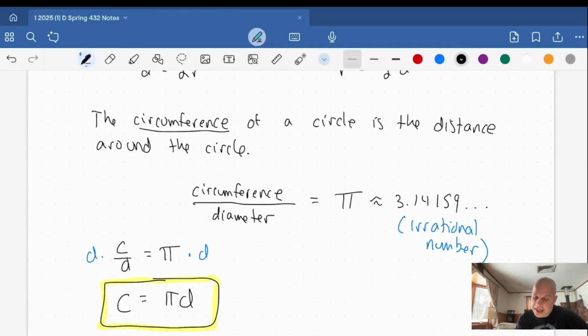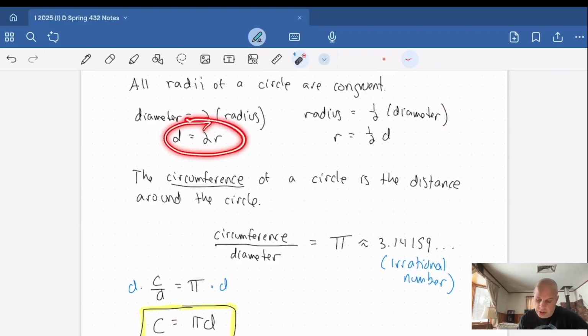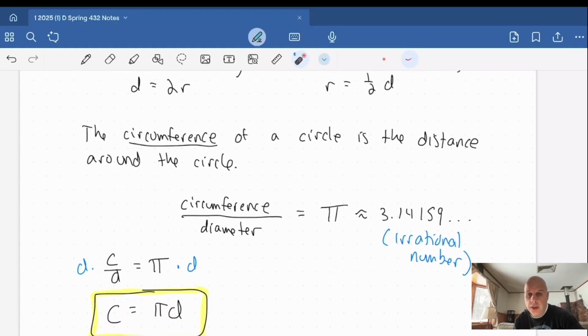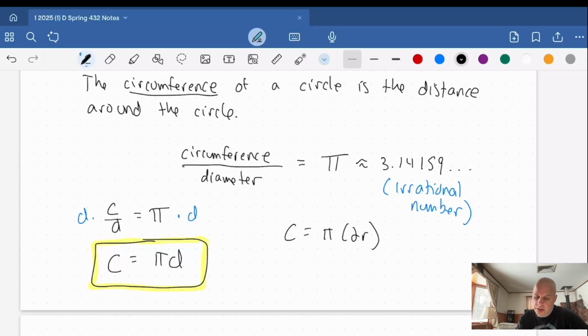Well, if I take that formula and we know that the diameter is equal to 2r, I can replace d with 2r. I can make that substitution. So what we can say is that, therefore, the circumference is equal to pi times 2r. That's my substitution.